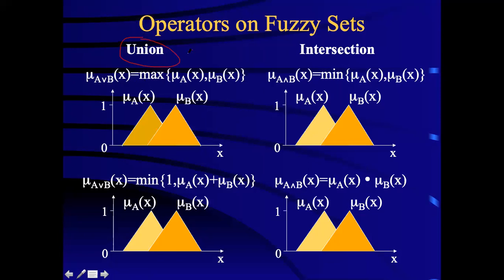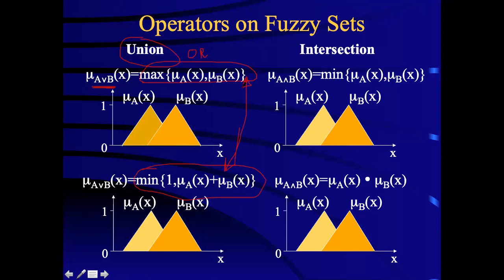If you have two sets, then you can find the union or the OR operation between these two either by finding the maximum value of the membership of these two sets, or you can find the OR operation through this formula. Both of these represent the same operation, but they may result in different values.